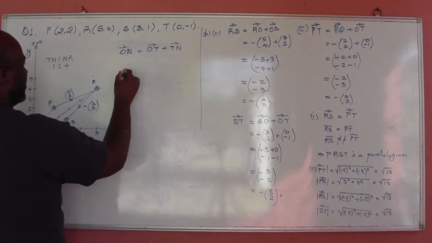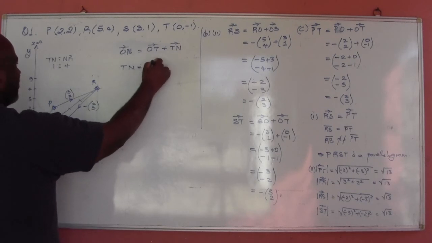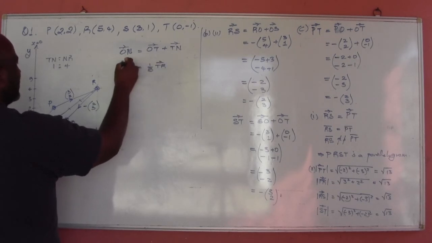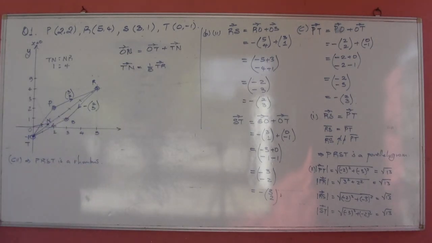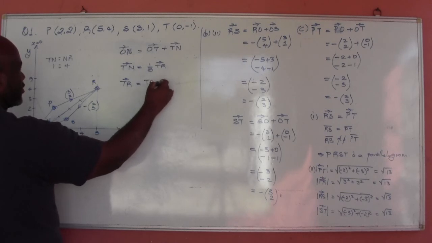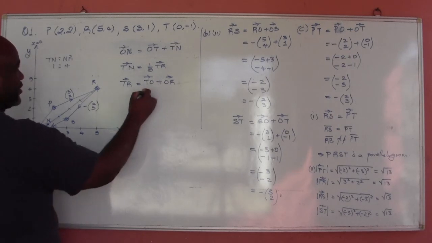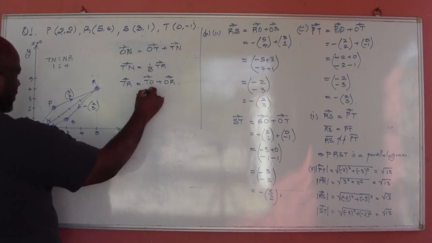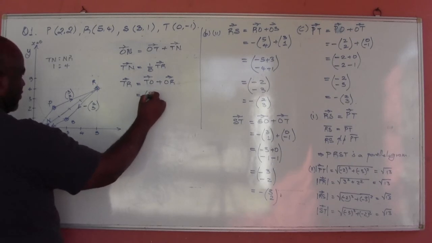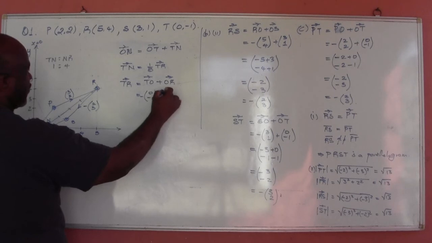Now TN is equal to 1/5 of TR. I can't find TN directly, but I can find TR. TR would be equal to TO plus OR. TO is (0, -1), and OR is (5, 4).